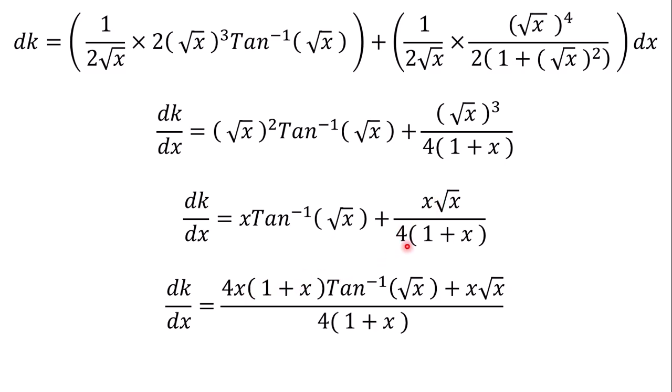You're going to get this one multiplied by the whole of this to give us 4x into bracket, I said don't bother multiplying it through. Okay, so 4x into bracket 1 plus x, bracket close, multiply by tangent inverse of square root of x, plus x square root of x.